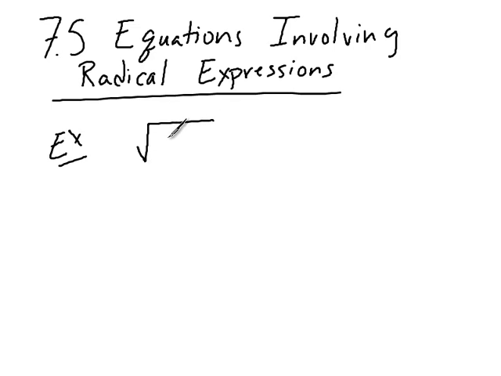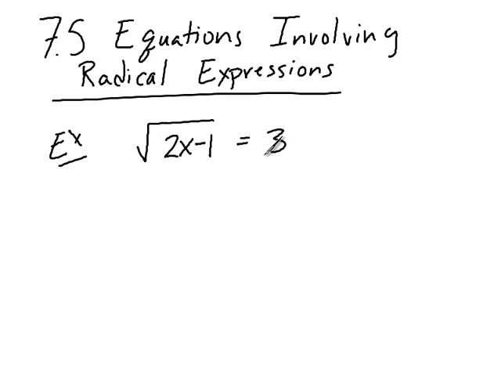The square root of 2x minus 1 equals 3. And you'll see that you use the same strategy in all of the radical equations that we're going to be seeing.